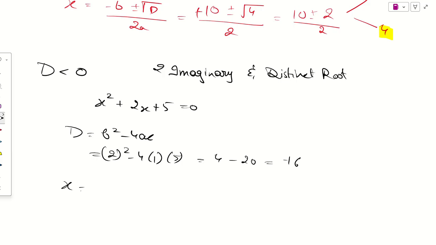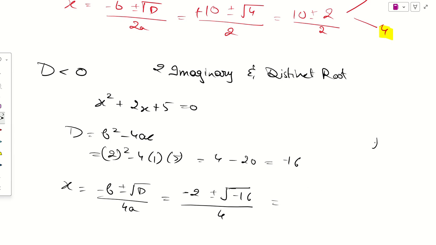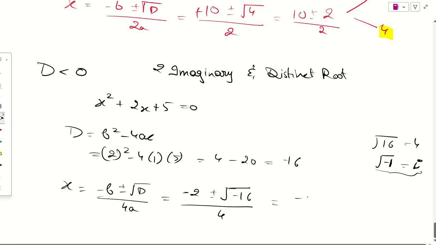So if I put this D value in the quadratic formula, minus b is minus 2, plus minus under root of D, which is minus 16, upon 2a. So if you have a negative inside the under root, 16 is 4, right? And under root minus 1 is iota. This is the imaginary term. We can write it as 4 iota here, and these are your two roots.